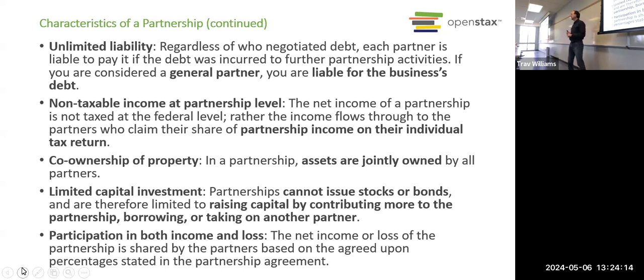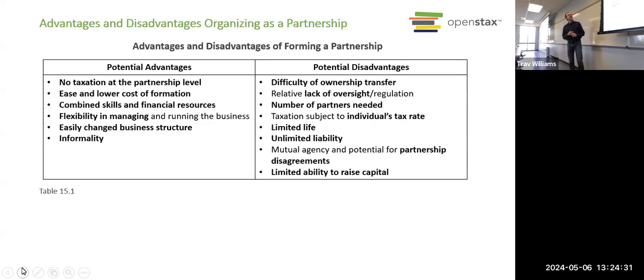All right, so as you see, there are a lot of downsides to partnerships. They can work really well when you have a group of professionals that need to share an office and share certain resources, like in a law firm. But there can certainly be a lot of issues. So to sum it up, the benefits of a partnership. The partnership does not pay taxes. It's fairly easy to form, although you would want to work with an attorney to set it up.